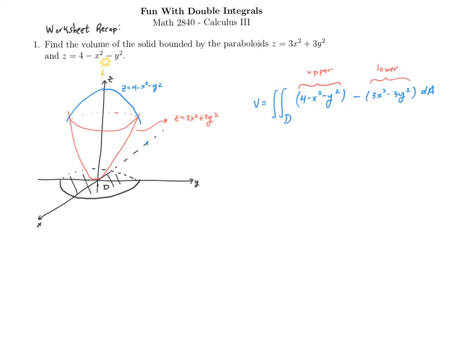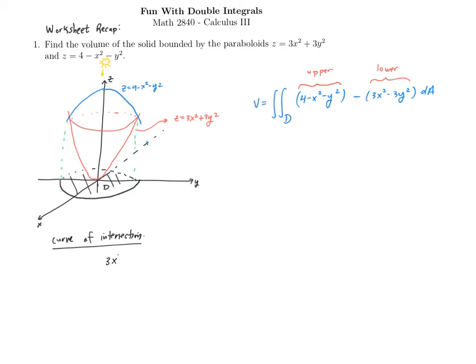And note, this disk that we see corresponds to the curve of intersection between the two surfaces. So the key observation we need to make is, what is the curve of intersection? Which we find by setting the two surfaces equal to each other.